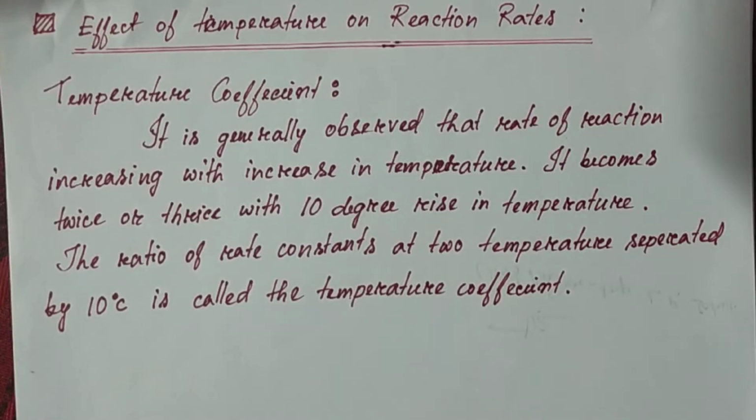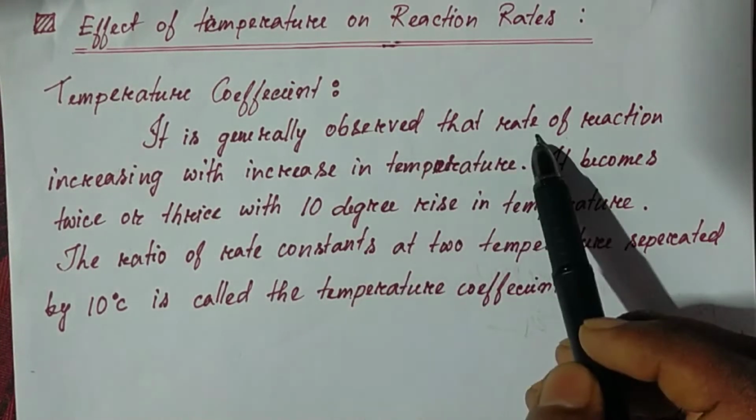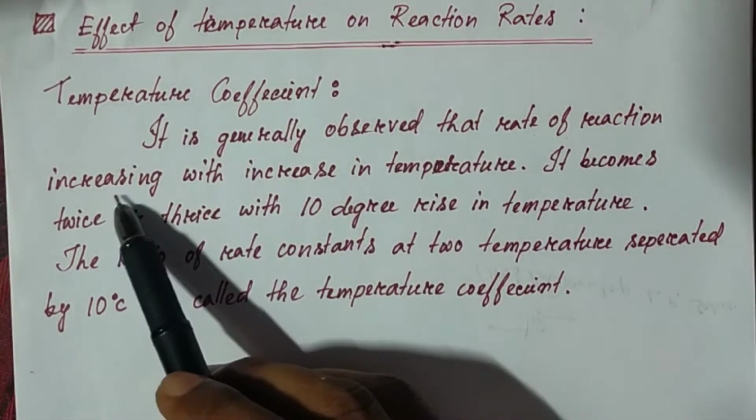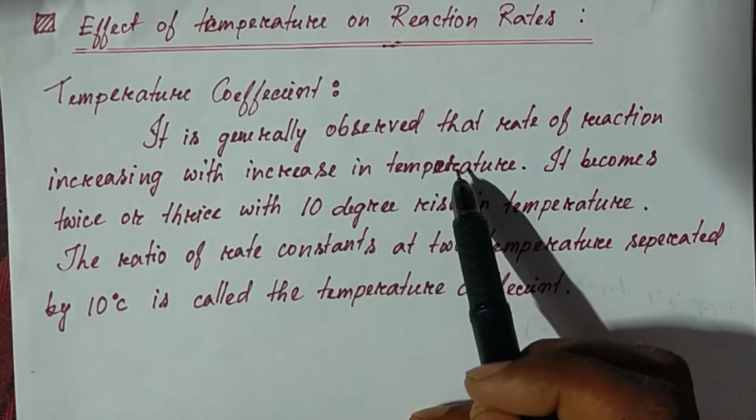Today we are going to discuss the effect of temperature on reaction rates. So first of all, the temperature coefficient. In this case, it is generally observed that the rate of reaction increases with increase in temperature.